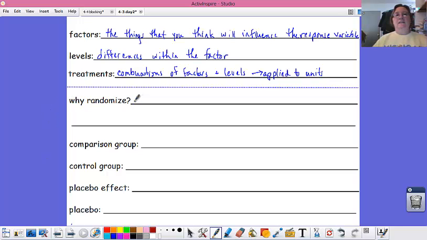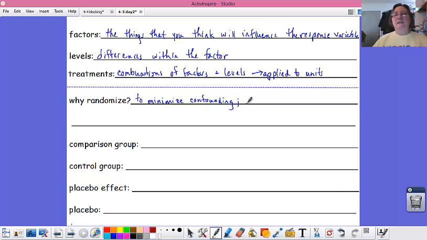I do want to just take a second and say why randomize here. And what I said earlier is we want to do that so that we can minimize confounding. And remember, confounding, from yesterday's lesson, is when things get so mixed up that you can't tell which factor is causing the change in your variable. We randomize to minimize confounding.